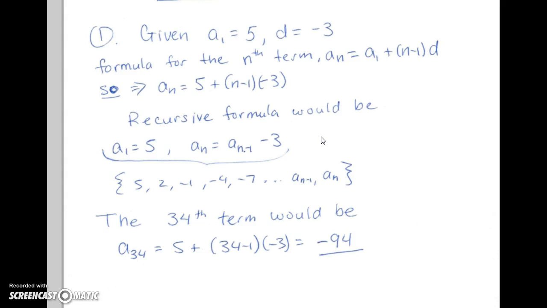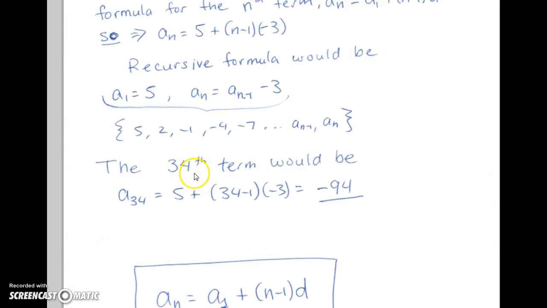On an arithmetic sequence, you have to be given the first term, and then to get a term, you take the previous term and apply the common difference, in this case of minus 3. A sub n equals a sub n minus 1 minus 3. Okay? To get 2, we take 5 minus 3. So to get a term, we take the previous term and apply the common difference.